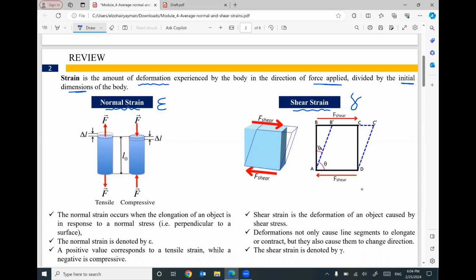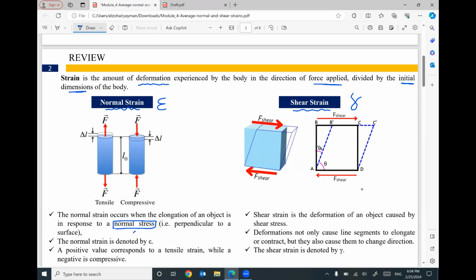If the applied stress is normal stress, the corresponding strain will be normal strain. So normal strain occurs when the elongation of an object is in response to a normal stress.